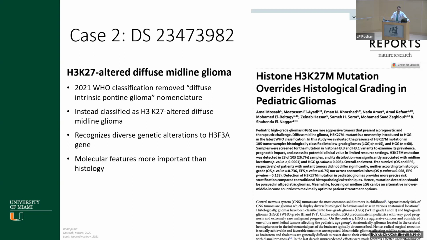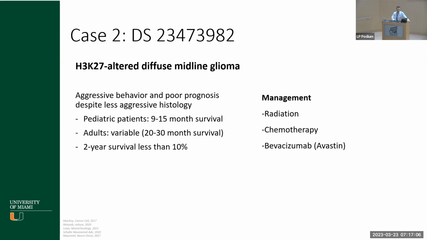As we said, the molecular features are more important than the histology, which appears low grade. Again, aggressive behavior, poor prognosis in pediatric patients, very poor survival, and in adults it can be more variable, but similarly poor prognosis. Management is radiation, chemotherapy, and sometimes Avastin.